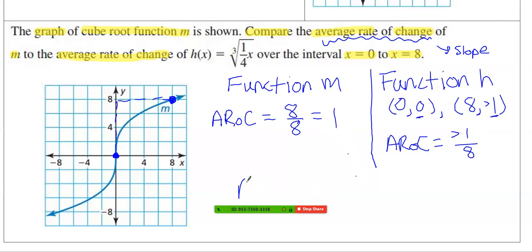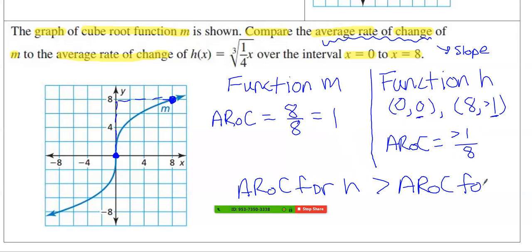So the average rate of change for h is less than the average rate of change for m. All we're being asked to do is to compare them, so we don't even need to figure out what their values are, and we have the solution here.